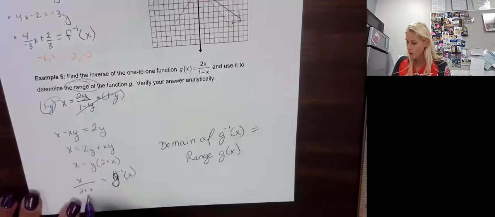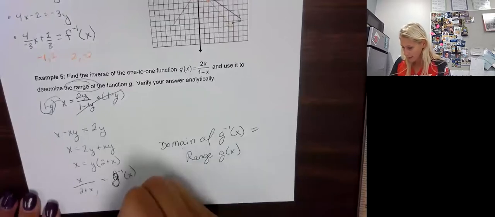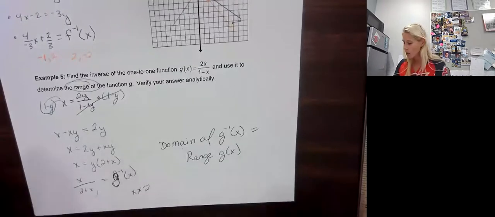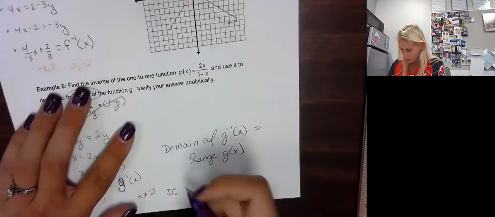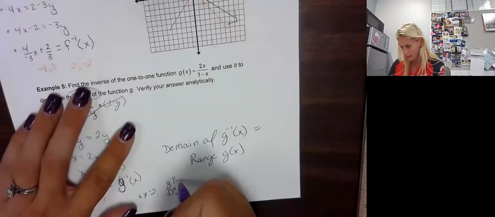Okay, so what cannot happen in this function? Well, x cannot equal -2, right? Because if it's -2, then the denominator is 0. So the domain of G to the -1 of x, okay, let's keep that in mind.